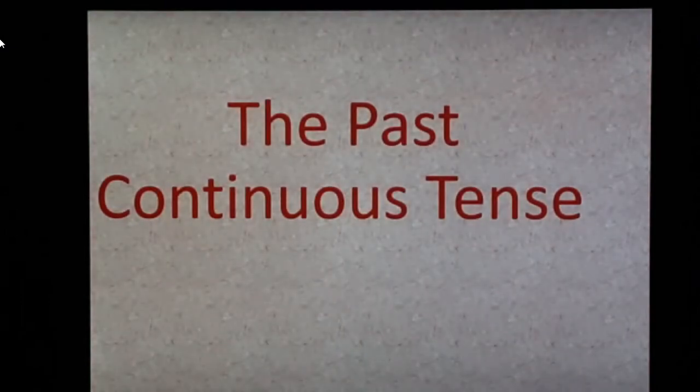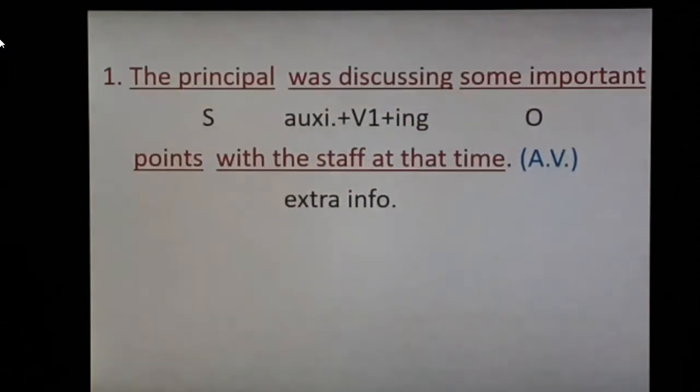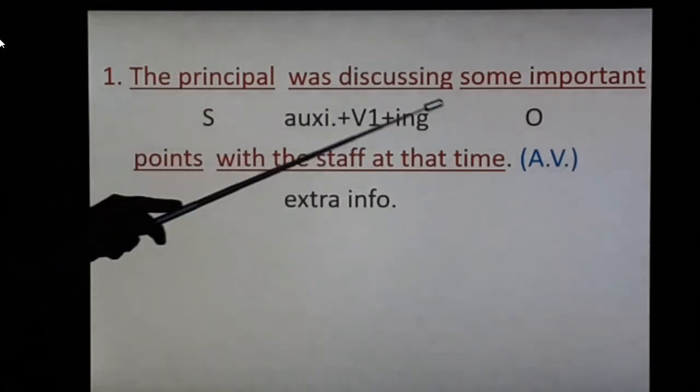Today we are going to learn active passive voice with the past continuous tense. First of all, we will see affirmative sentences, means positive sentences. First, the principal was discussing some important points with the staff at that time.